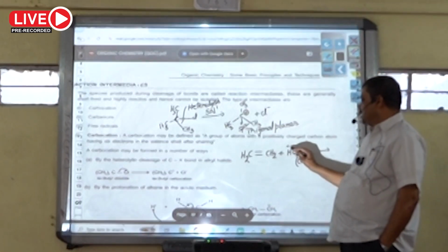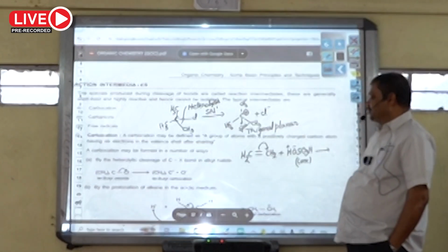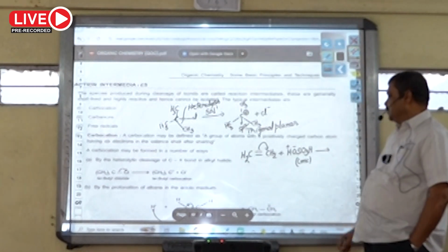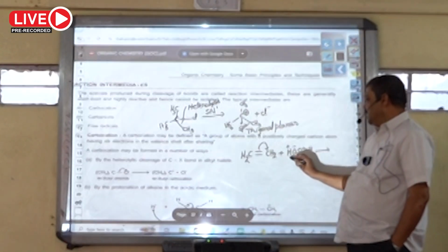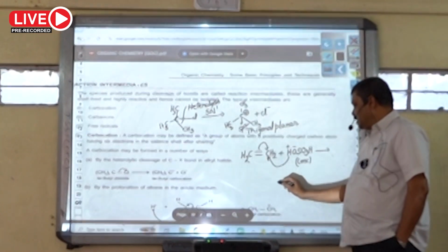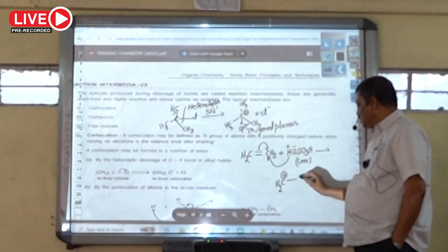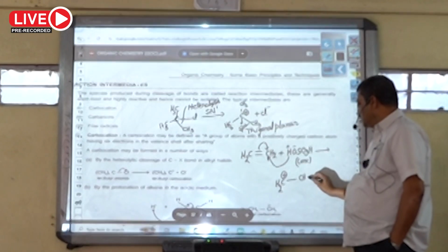By seeing this H plus, the pi bond shifts towards carbon. H plus will attack this carbon. The resulting one is a carbocation, CH3CH2 plus.